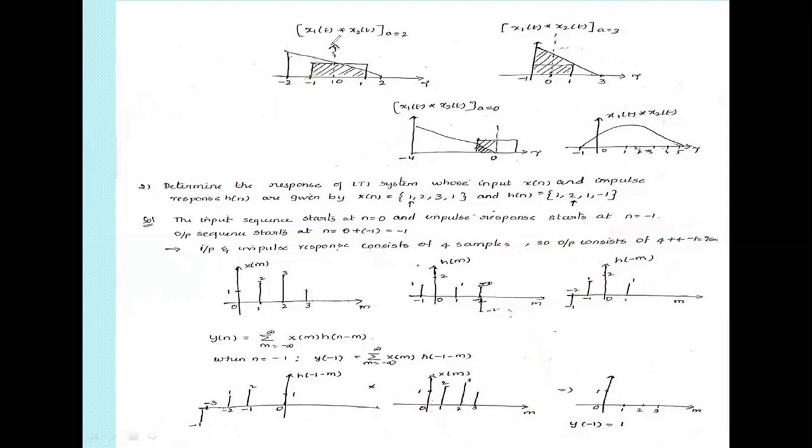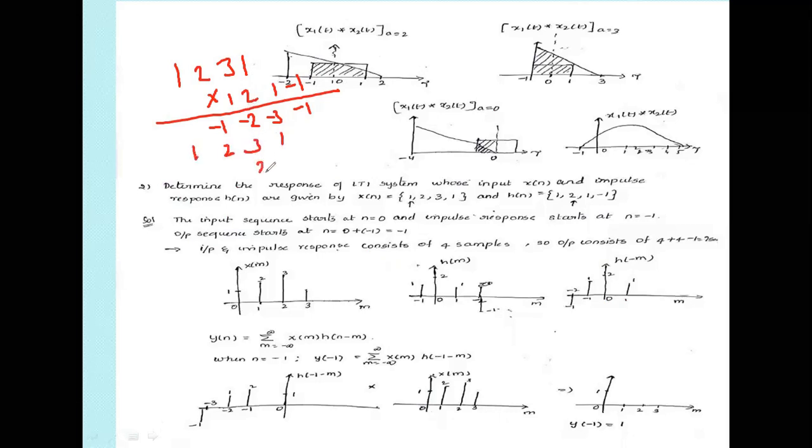Okay. So again I will explain properly: 1, 2, 3, 1 multiplied with 1, 2, 1, minus 1. Multiply this: minus 1, minus 3, minus 2, minus 1. With 1 multiply: 1, 3, 2, 1.